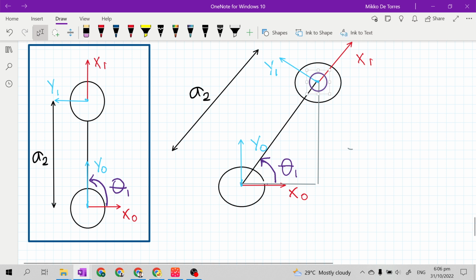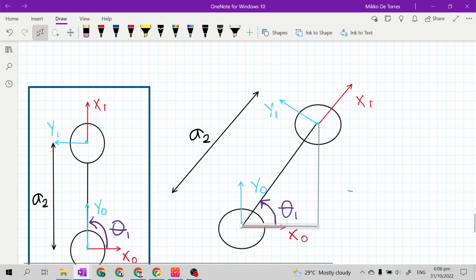Also, please notice the frame of frame 1 changes its orientation from this to this.